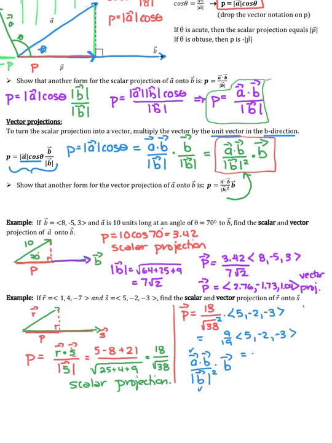And I'm going to leave it in fractional form. So I have 45 over 19, negative 18 over 19, and negative 27 over 19. And that is a vector. So that is turning our P into a vector projection.